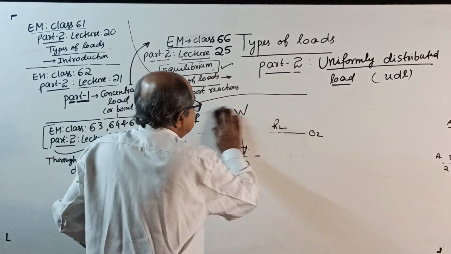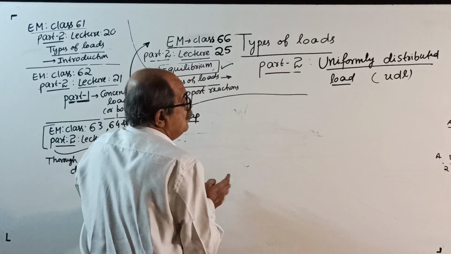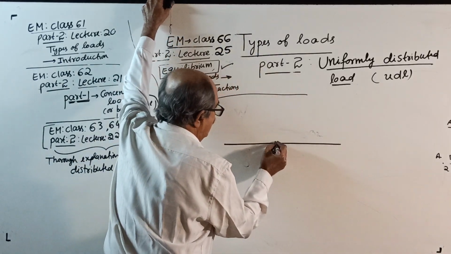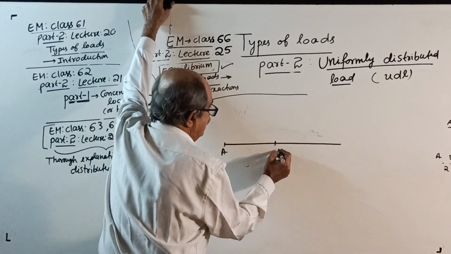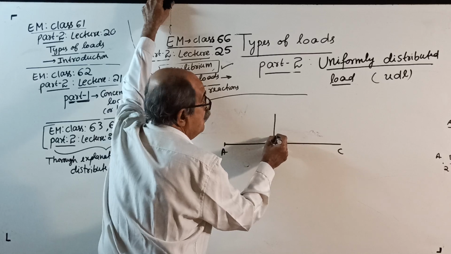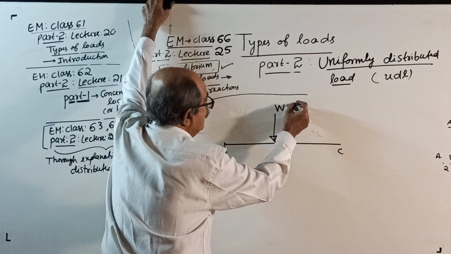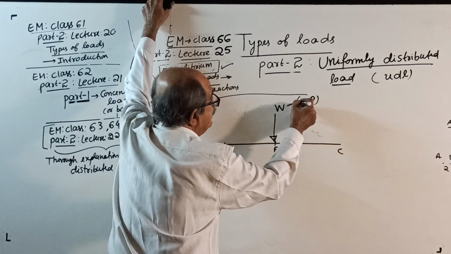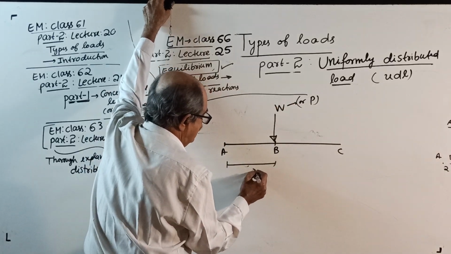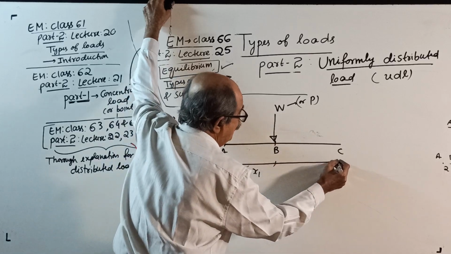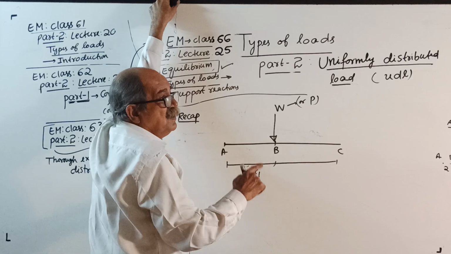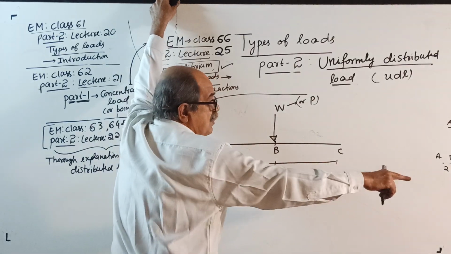Then I took, see, now it's important, a member here, some member. I considered points A, B, C randomly. Then I put a load of W here. I even wrote, or sometimes people call it P. Let the distance be x1 here. No h1, h2 now, because when the member is horizontal and the load is vertical, for moment you require horizontal distance.